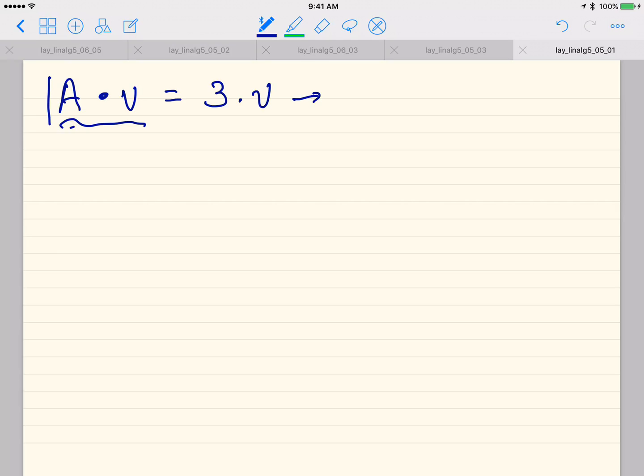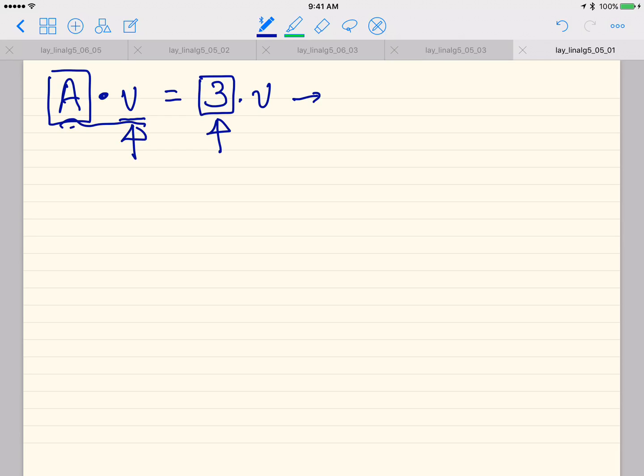So again, we are initially given A, and there exists some special vector V and this particular scalar multiple value.